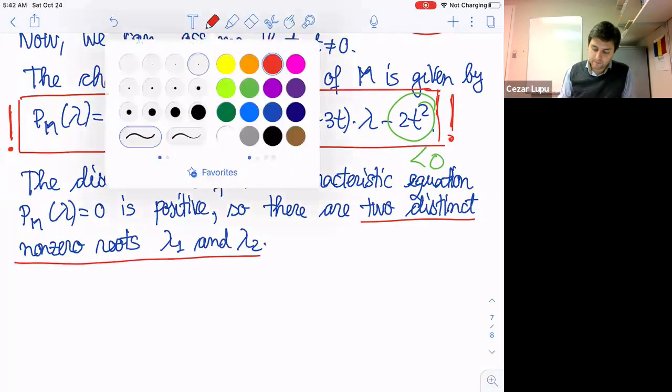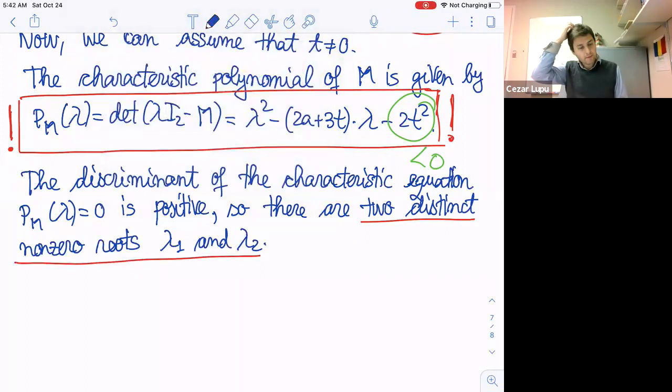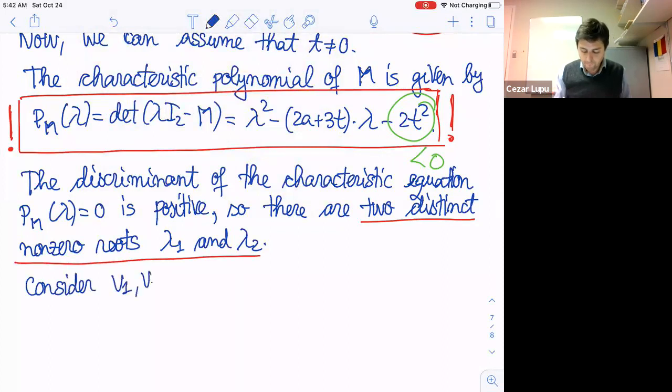And now let's consider v1 and v2, their corresponding eigenvectors.